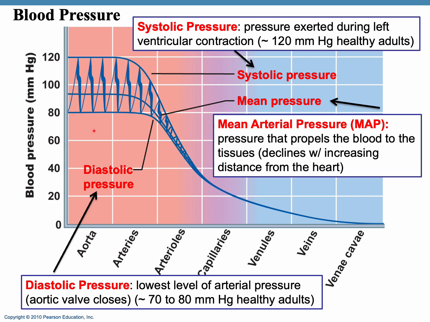So when you record blood pressure, which you will do in lab, there's two pieces of data that you're going to be collecting. One is what's known as the systolic blood pressure. And this is the pressure that's applied during left ventricular contraction. And diastolic pressure, that's the lowest level of arterial pressure.